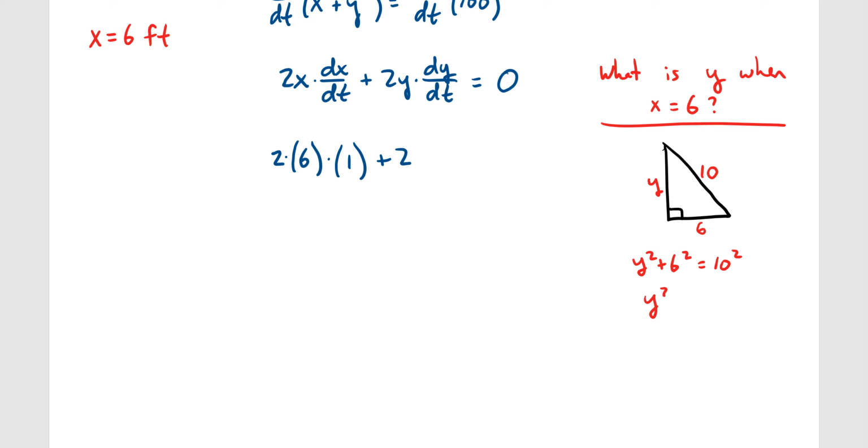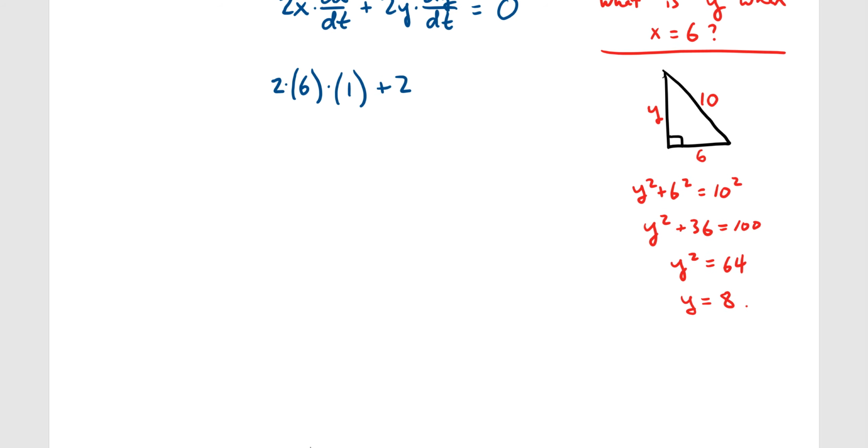That's y squared plus 36 equals 100. y squared equals 64 after we subtract 36 on both sides. We take the square root, we get plus or minus the square root of 64, which is plus or minus 8, but we obviously do not have to use the negative root. We just use positive 8 because we're talking about a real distance. So y is 8 feet.